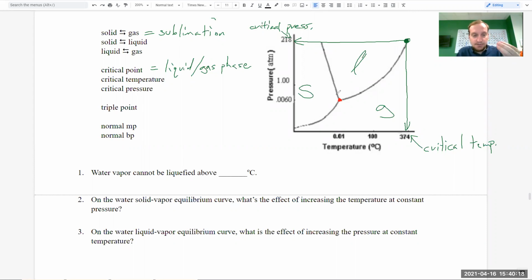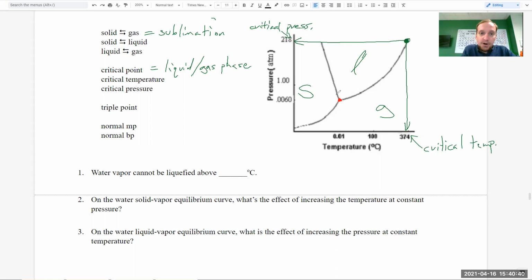So the pressure is just right, and the temperature is just right, where the substance is in all three phases at the same time. It's very hard to describe because on a daily basis, we don't really come in contact with substances that are in all three phases at the exact same time, but that is what a triple point is.